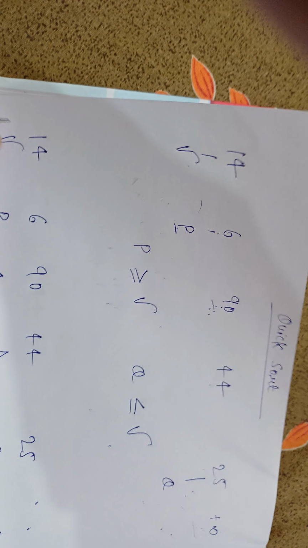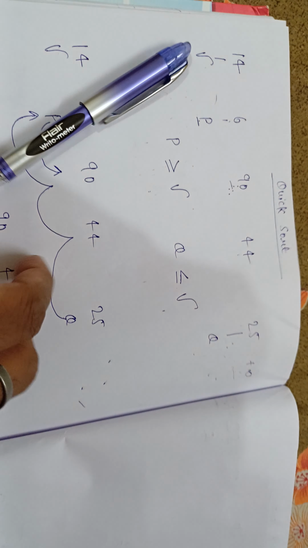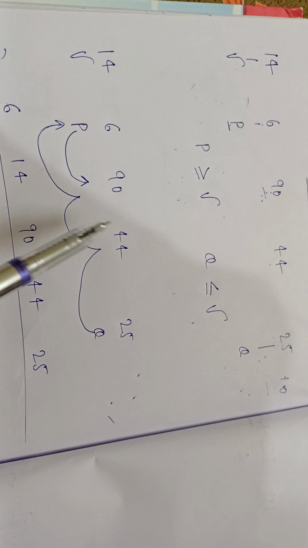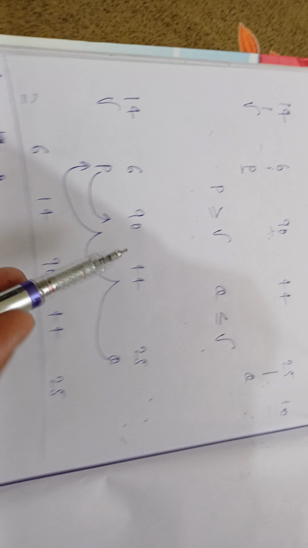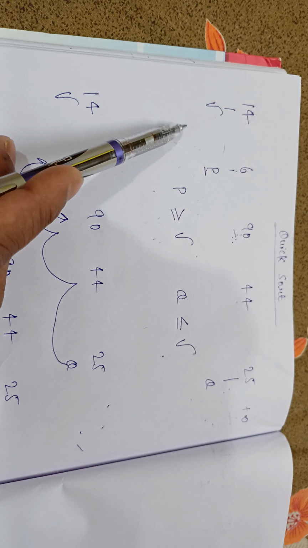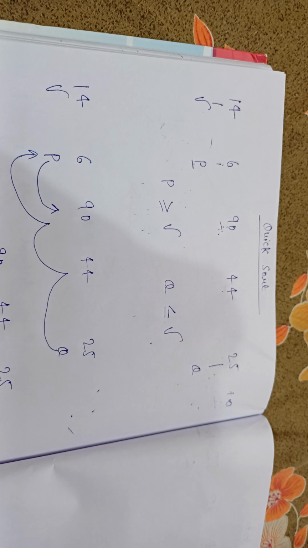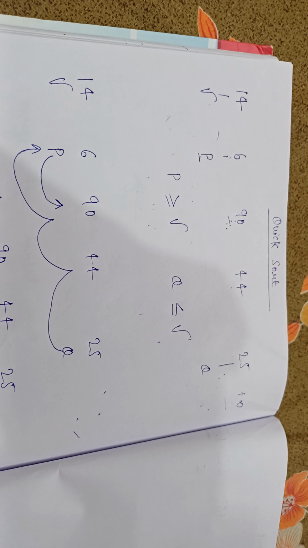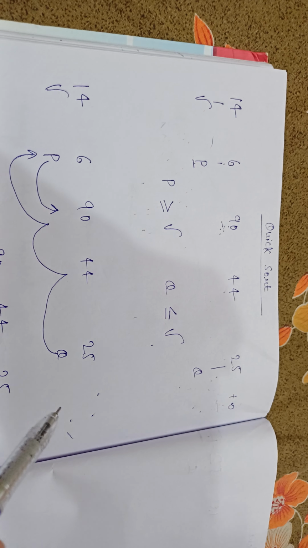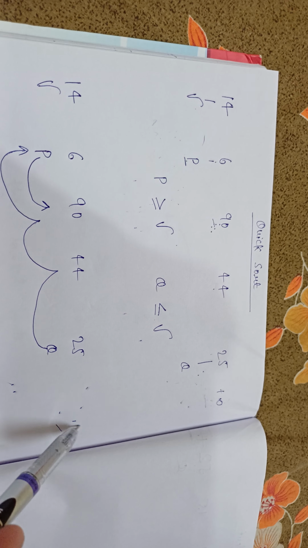Now let's begin the execution. Your p pointer will search for an element which is greater than or equal to the pivot, that is your 14. If it finds that element, it will stop there and start pointing to that element.